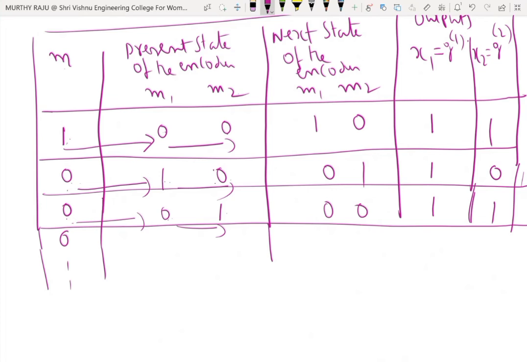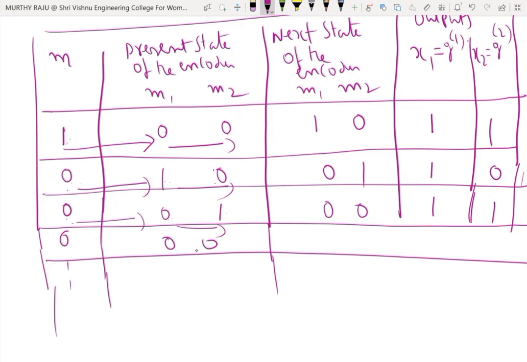That means 0, 0. This 0, 0 is the next state of the encoder. It acts as the present state of the encoder. 0, 0, 0. The next state is also 0, 0. Outputs are also 0, 0.